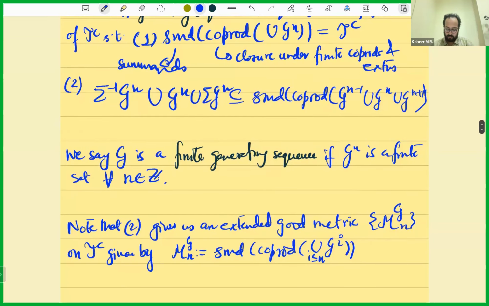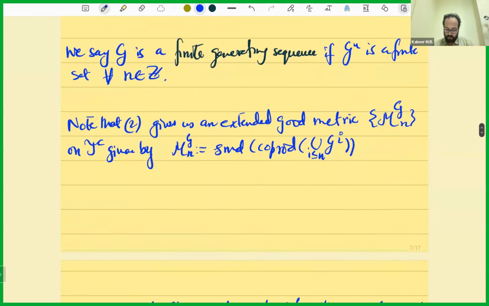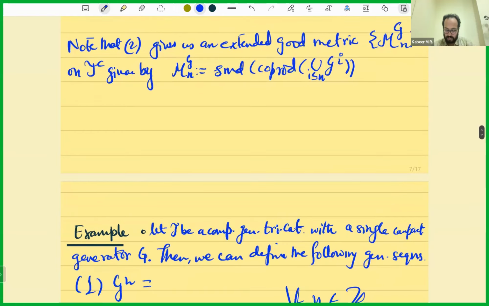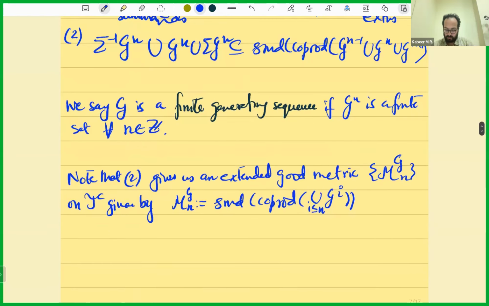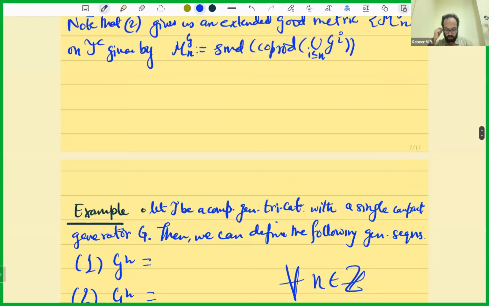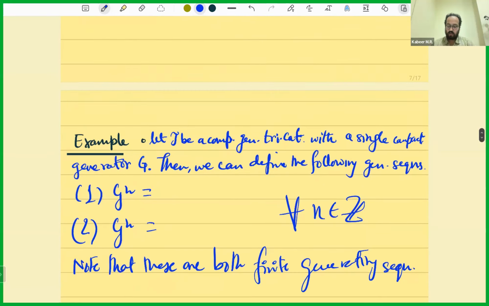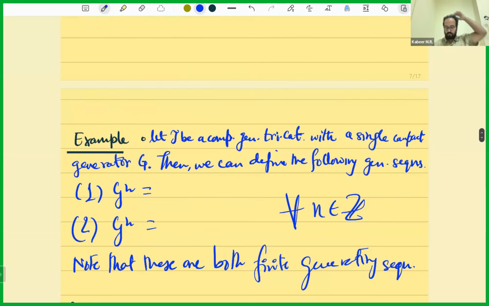Okay, so I should give examples of a generating sequence to make this more concrete. Let T be a compactly generated triangulated category, and suppose it has a single compact generator. Then there are two concrete finite generating sequences we can define on it.